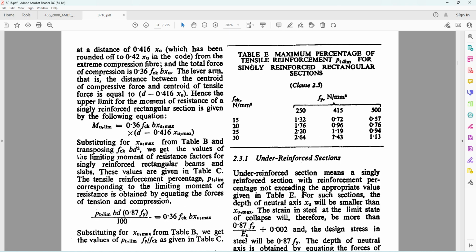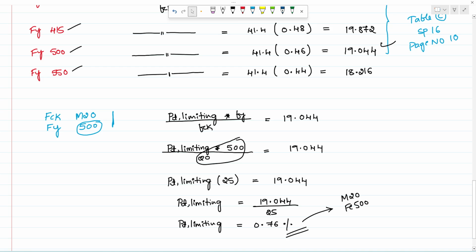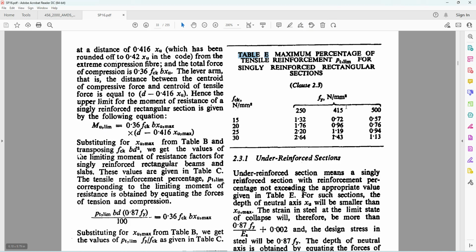Yes, this is also available in table E of SP16. Maximum percentage of tensile reinforcement PT limit for singly reinforced rectangular sections. What is the calculated answer? Whenever we use M20 grade and Fe 500 steel, what is the optimum percentage? 0.76. So let me check the code.